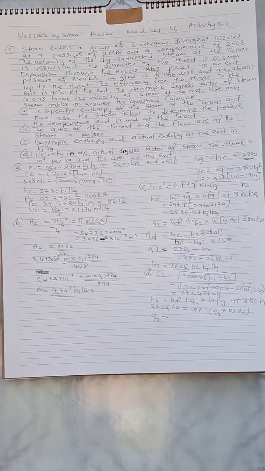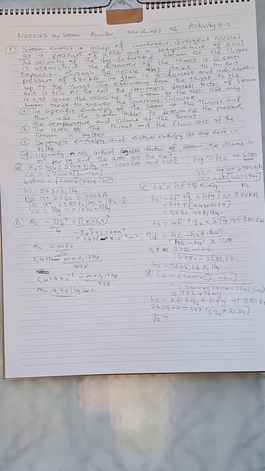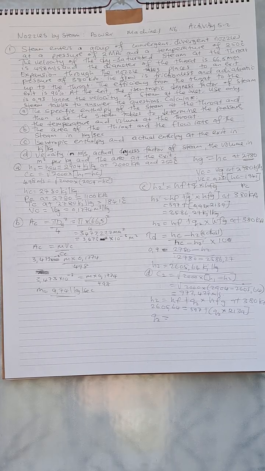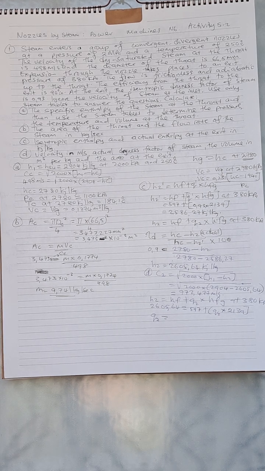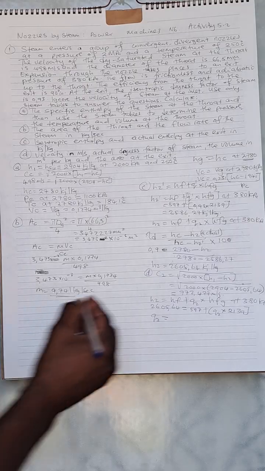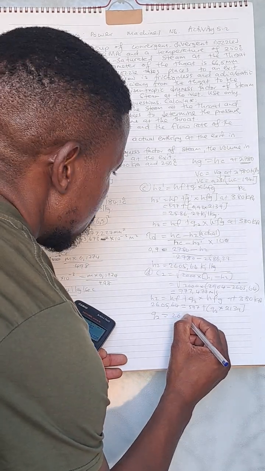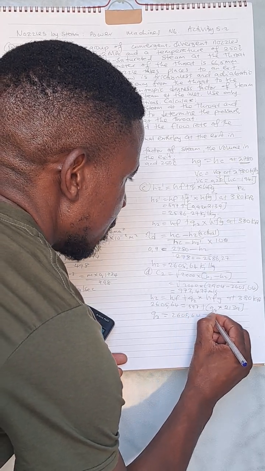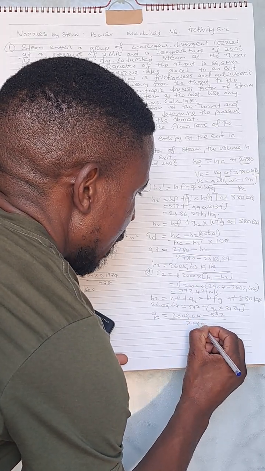So there, let's get our actual dryness factor, which is 2605.64 minus 597, all divided by 2139.